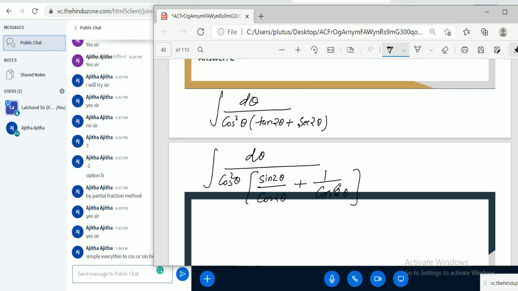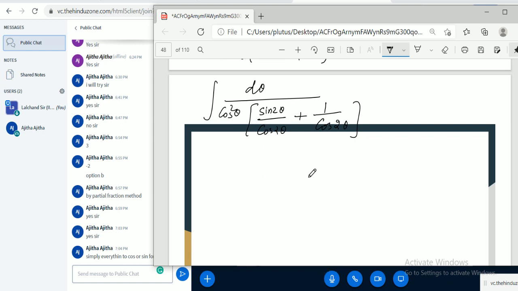Isn't it? We can write like this. So if we take LCM and this cos 2 theta in numerator, then we can rearrange like 1 upon cos square theta. This is cos 2 theta and denominator will be 1 plus sine 2 theta.